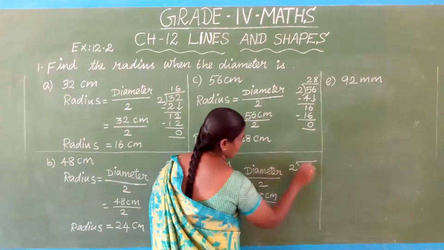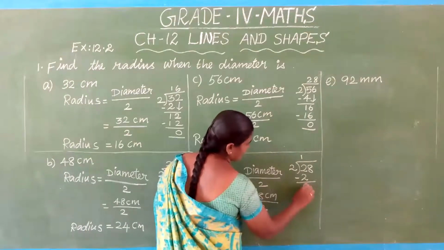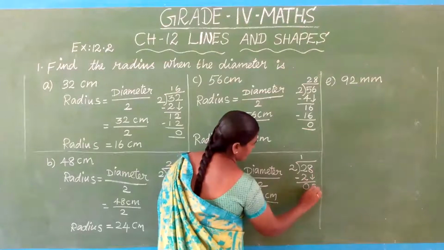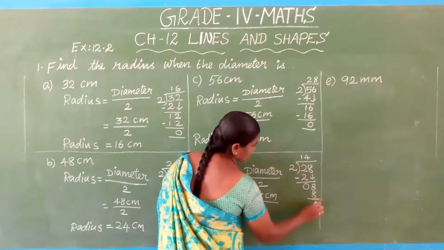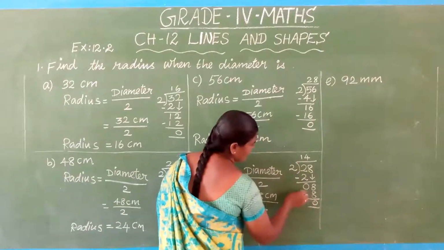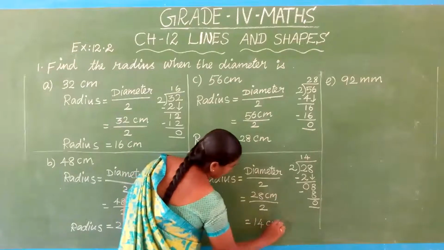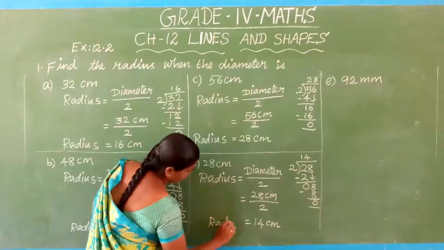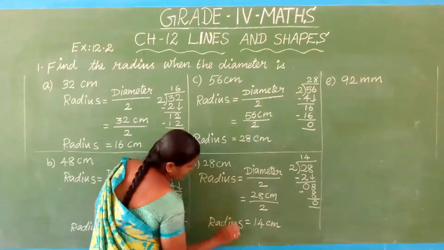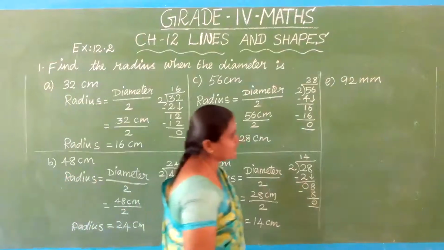Divisor is 2. 1 2s are 2. Minus means we get answer 0. Next you bring down 8. 4 2s are 8. We get answer 0. So your answer is 14 centimeter. So radius is equal to 14 centimeter. So D completed. Next E question.